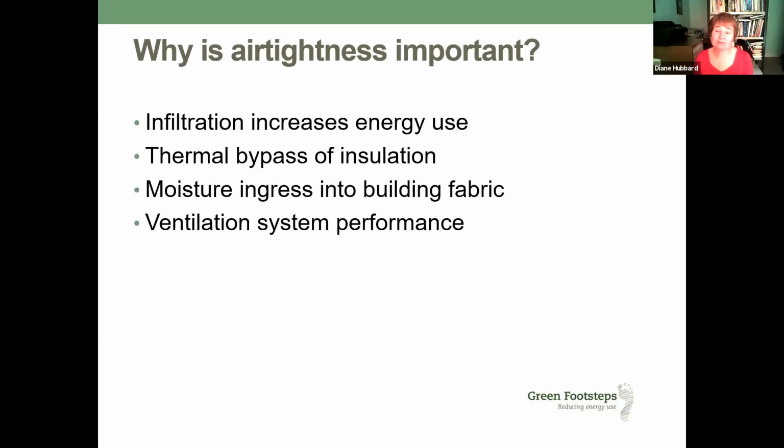So you may get poorer ventilation, or the ventilation isn't as planned. And also in terms of heat recovery, if it's actually just drawing it through on a localized basis, you may not get the level of heat recovery that you would be expecting. So it's really quite important, air tightness is, from a number of points of view.